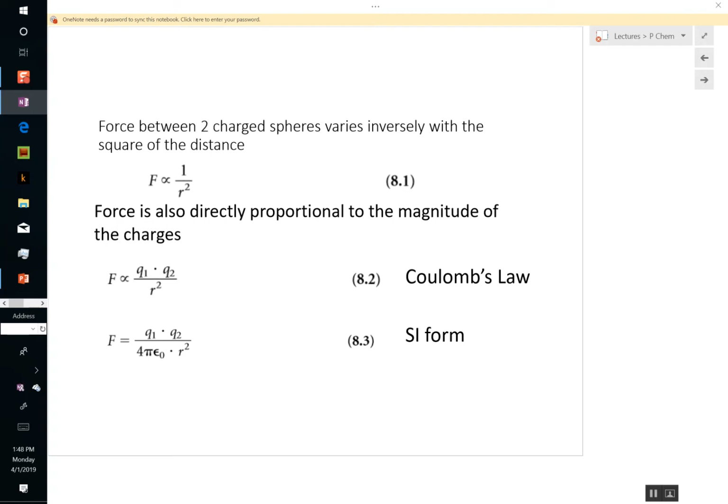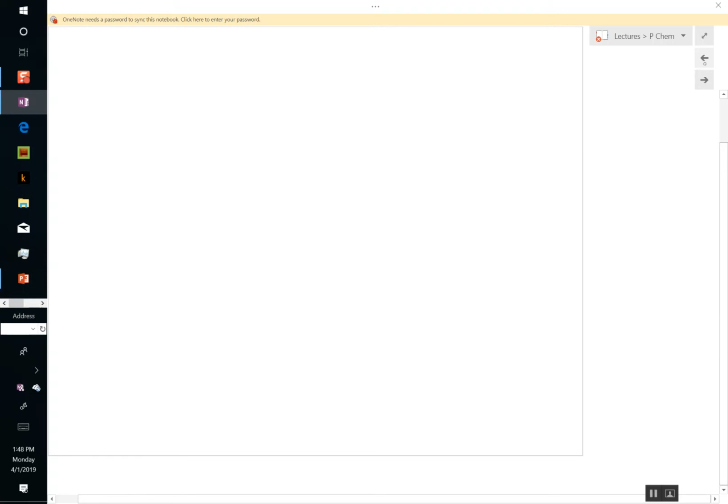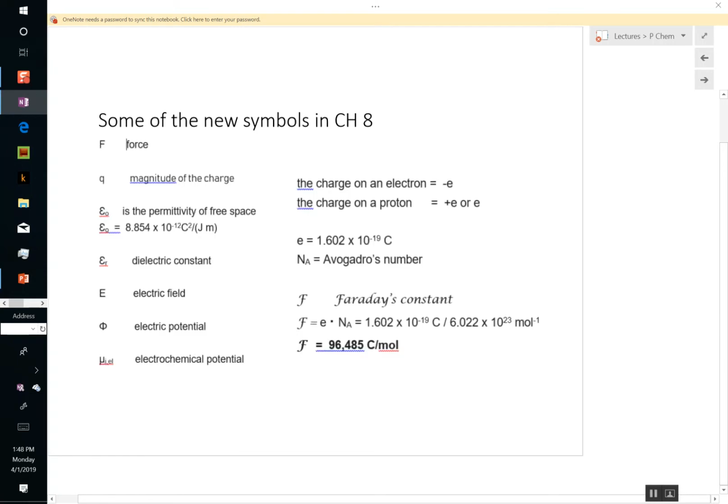And maybe we don't need to go any further than that, but just start getting familiar with the first 8 or 10 pages of chapter 8 and some of the symbols that are being used there, and we'll derive and do some examples on Wednesday.